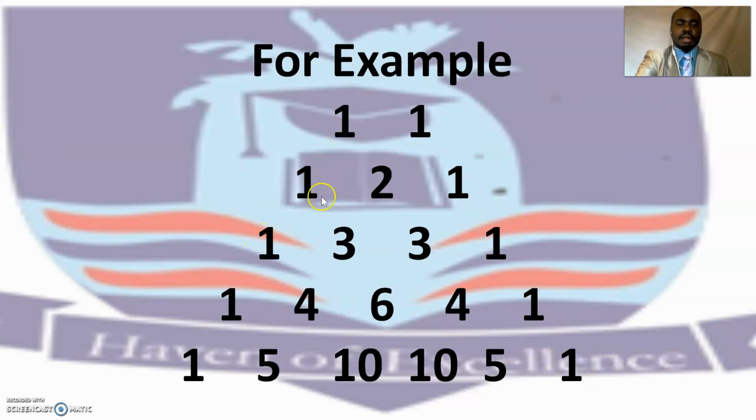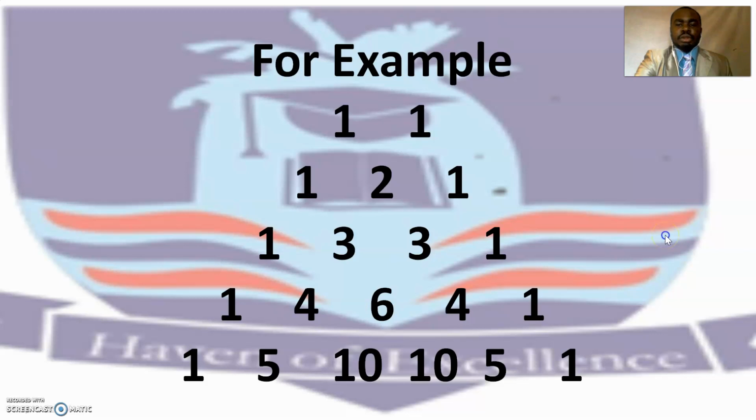So here we have 1, 1 plus 2, 3, 2 plus 1, 3, 1. 1, 1 plus 3, 4, 3 plus 3, 6, 3 plus 1, 4, 1. 1, 4 plus 1, 5, 4 plus 6, 10, 6 plus 4, 10, 4 plus 1, 5, 1, and so on and so forth. This is how a Pascal triangle is drawn.